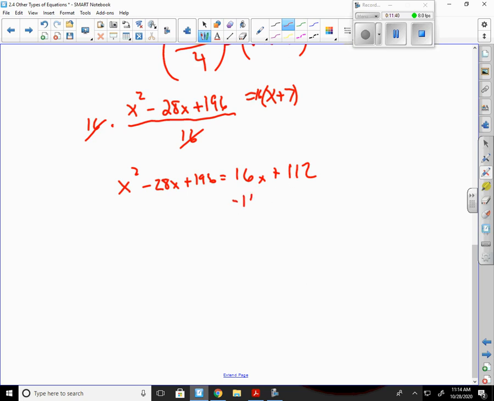So now I can subtract my 16x away. Subtract the 112 over. Gives me x squared minus 44x plus 84.